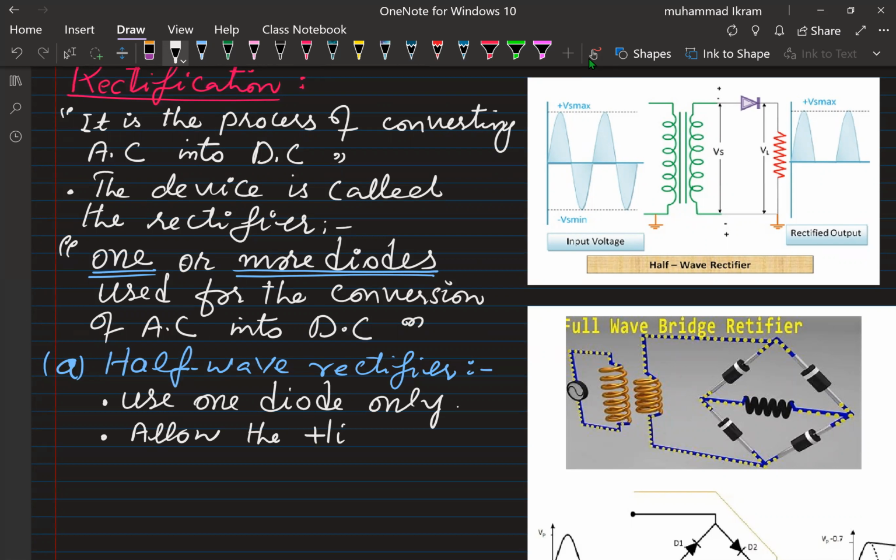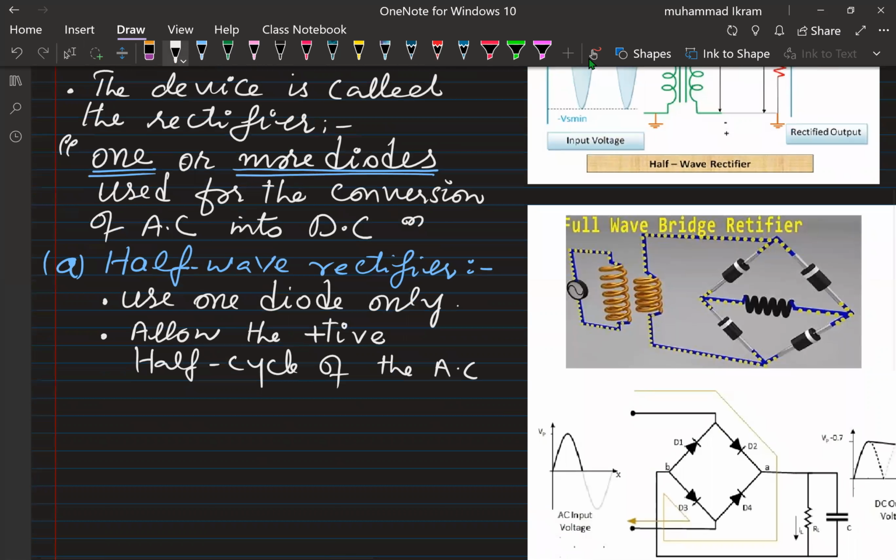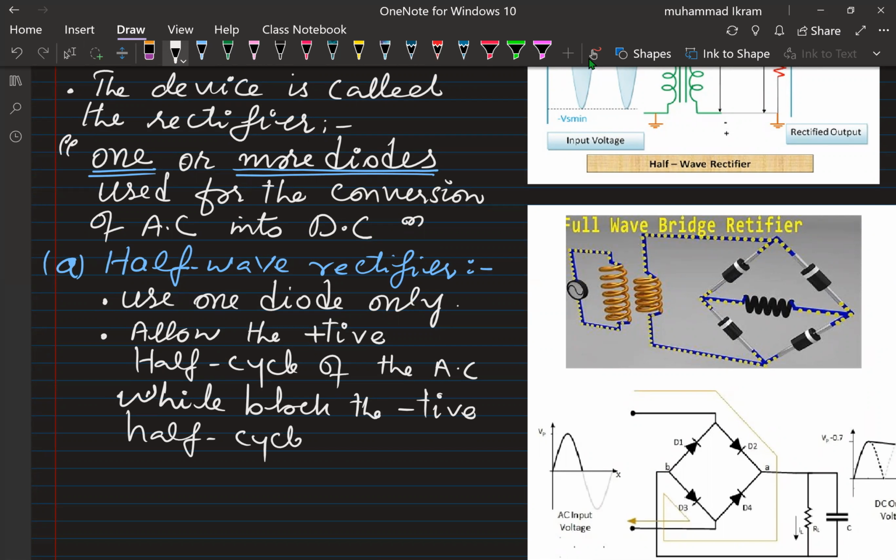I will explain this inshallah right now. It allows the positive half cycle of the AC to pass through, while it blocks the negative half cycle.